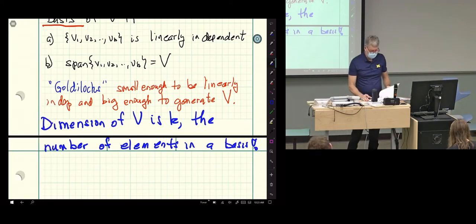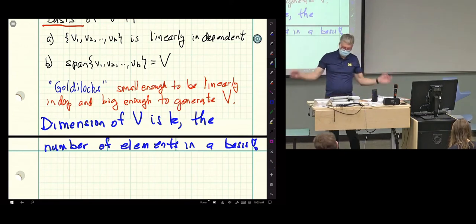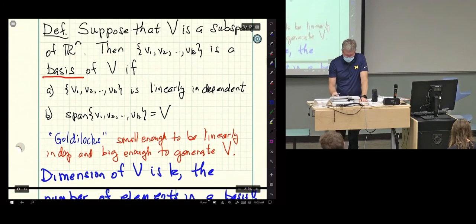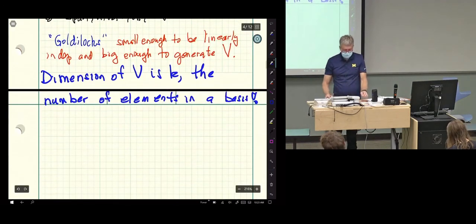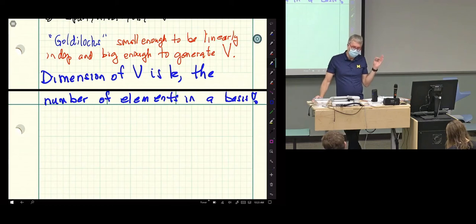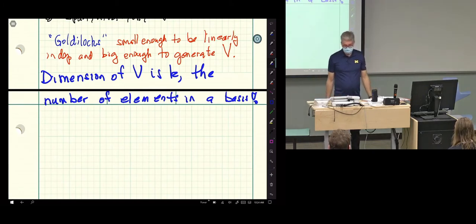It's not too big and it's not too small. That's a basis. And the exact number of elements you need to do that is called the dimension. So guess what? Rn, what do you think its dimension is? n. And we'll see that. So let's see if Rn is an n-dimensional vector space.